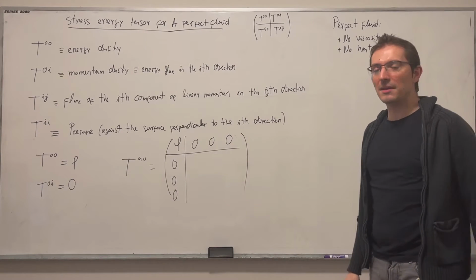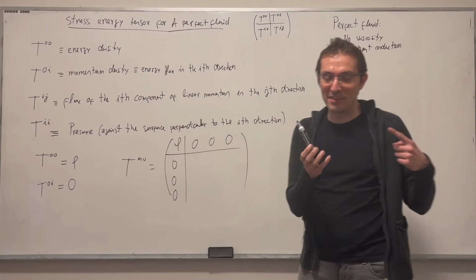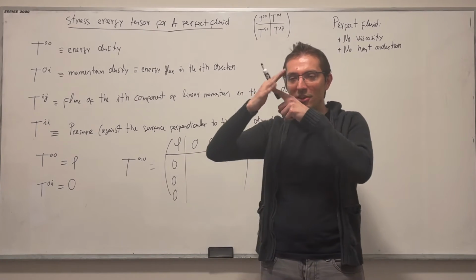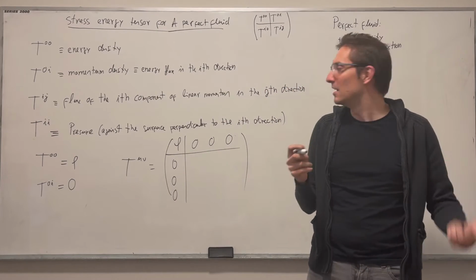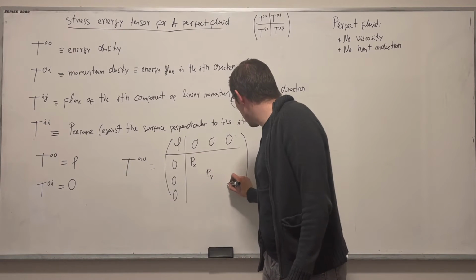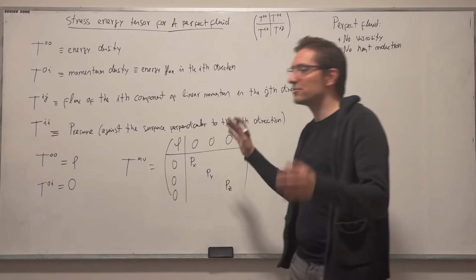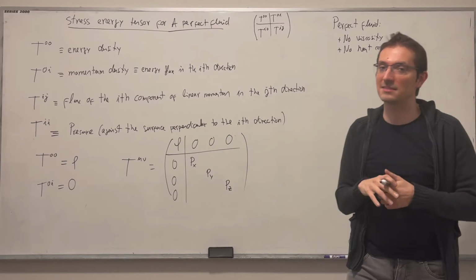In the diagonal elements, what we have is the pressure of the fluid. It's literally the flow of the momentum of the fluid in the direction perpendicular to the direction of the momentum I'm looking at. That is the pressure that the fluid exerts. So I can write maybe a Px, Py, Pz, being the pressures exerted on the surfaces perpendicular to the x-axis, the y-axis, and the z-axis.